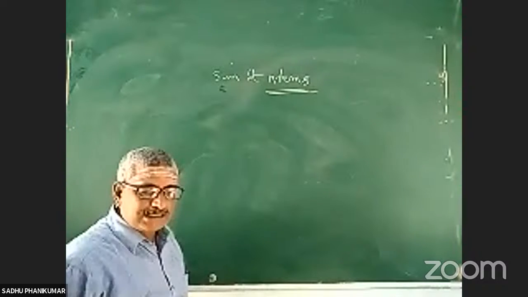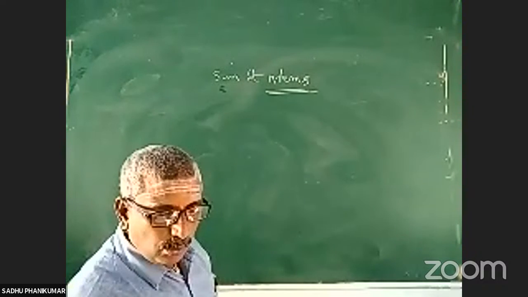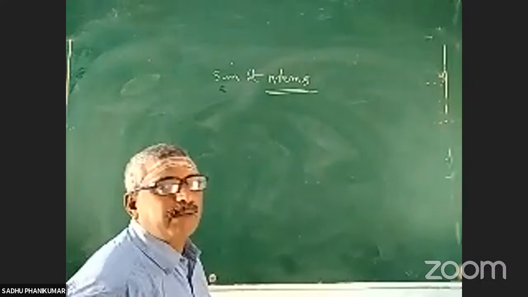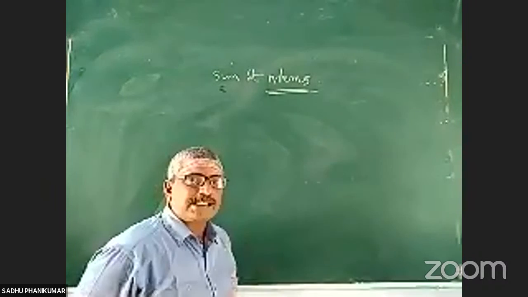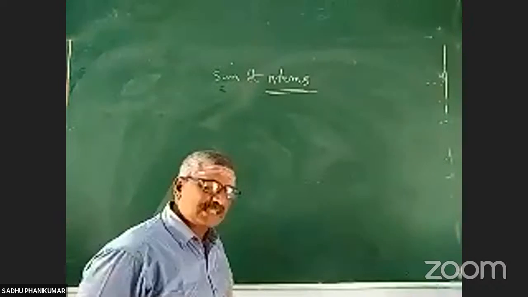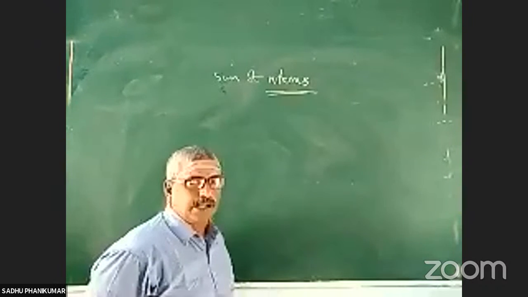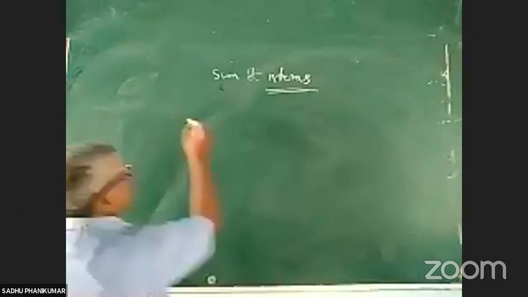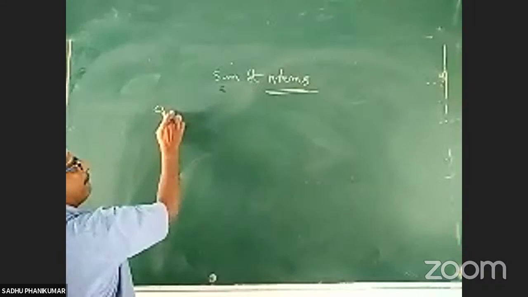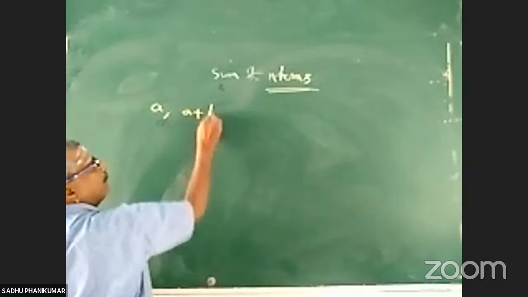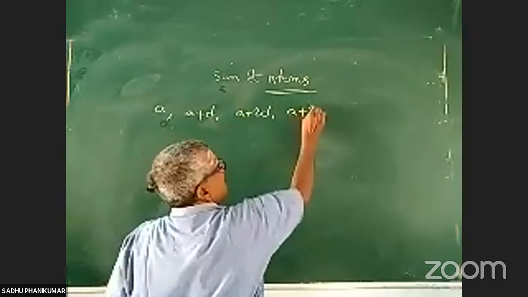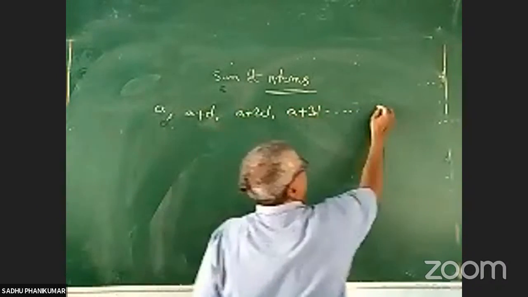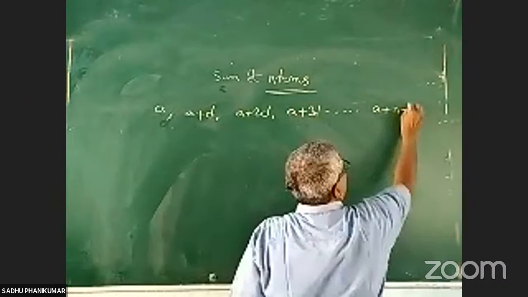The first thought came to Gauss. A scientist named Gauss found how we can find this. Is it possible to find the sum up to n terms or not? Suppose we have a, a plus d, a plus 2d, a plus 3d, and so on, up to a plus n minus 1 into d.